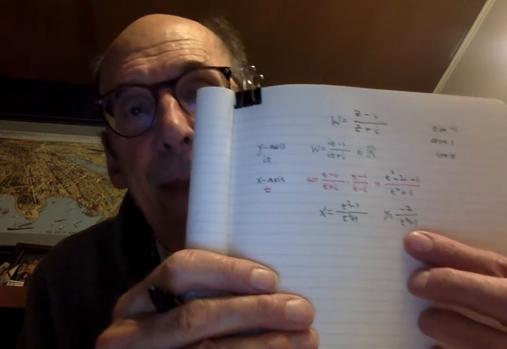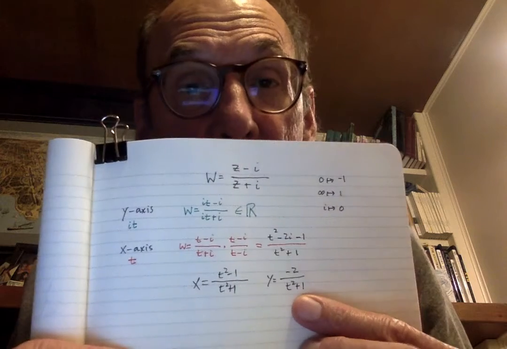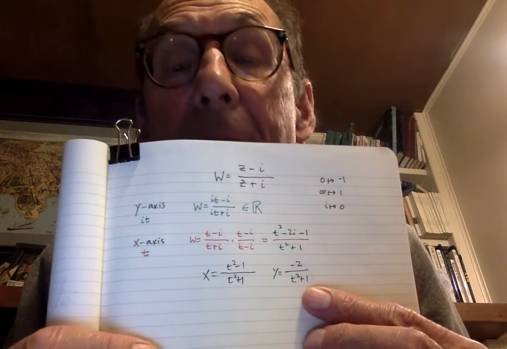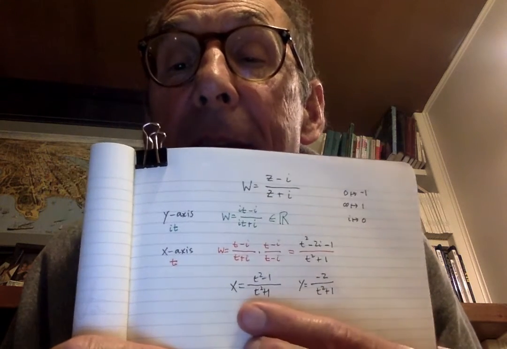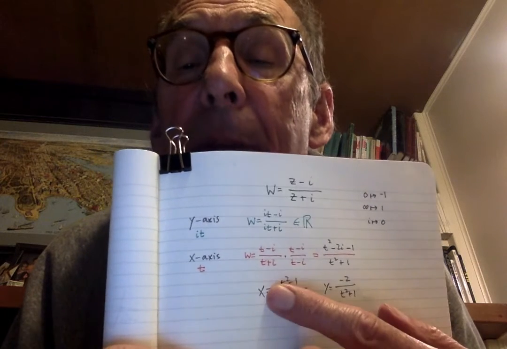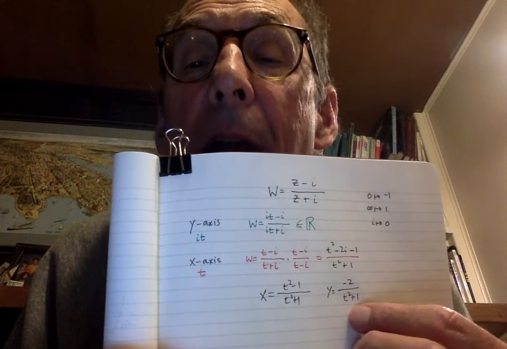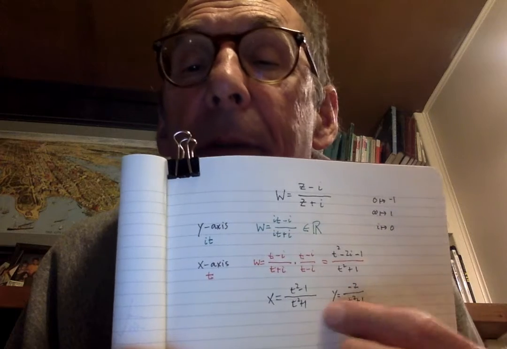Now, given the hegemony of the trigonometric functions, you may not have seen this. These two functions parametrize a circle. If you look, when you square x, you've got on top t squared minus 2t plus 1. When you square y, I'm sorry, I dropped a t here somewhere, so that'll make more sense.